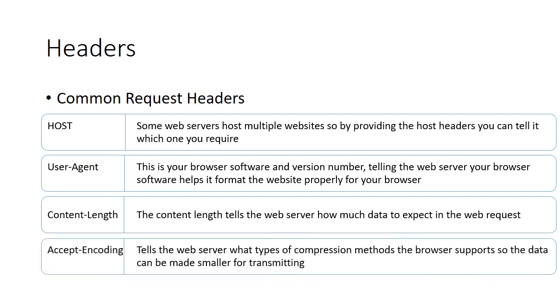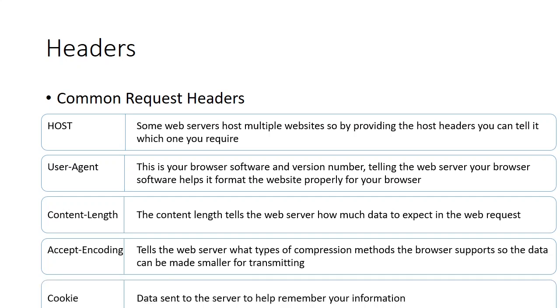Accept encoding. It tells the web server what types of compression methods the browser supports so that the data can be made smaller for transmitting over the internet. And then cookies. Cookies are data sent to the server to help remember your information. And we'll see more of the cookies later in this video.